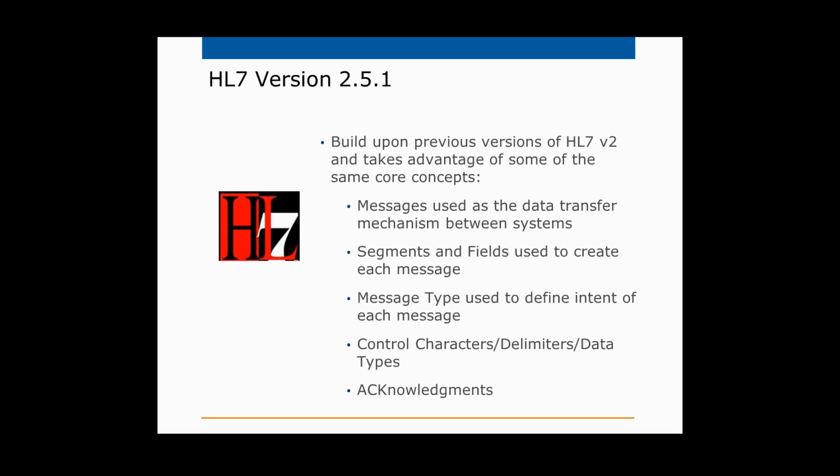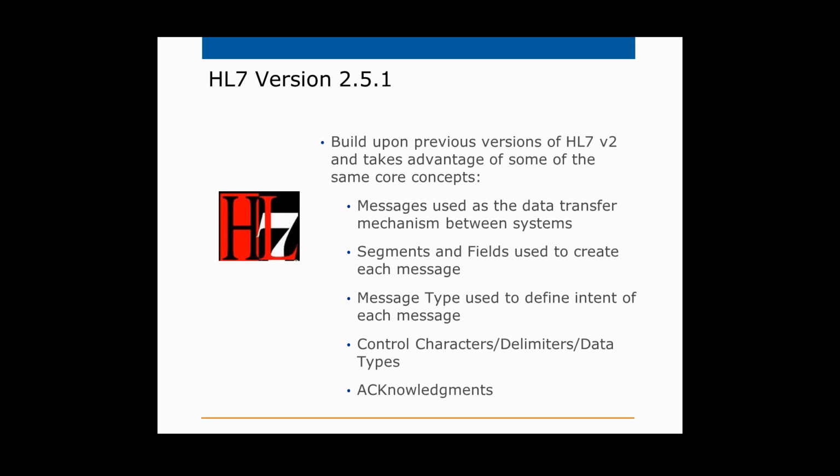Anyone that's familiar with version 2.3, some of these concepts are identical. The concept of messages: to actually exchange data between two systems, version 2.5.1 does use messages for that. If you dissect each message, you'll find that in version 2.5.1, those messages are made up of segments and fields, just like you're used to in 2.3. The 2.5.1 messages will contain segments and fields.